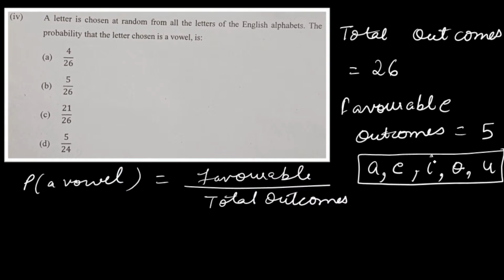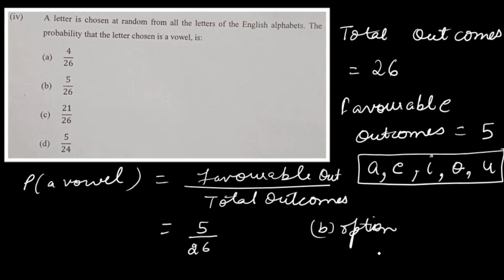So favorable outcomes are 5 and total outcomes 26. So 5 by 26 is the answer. Option B.